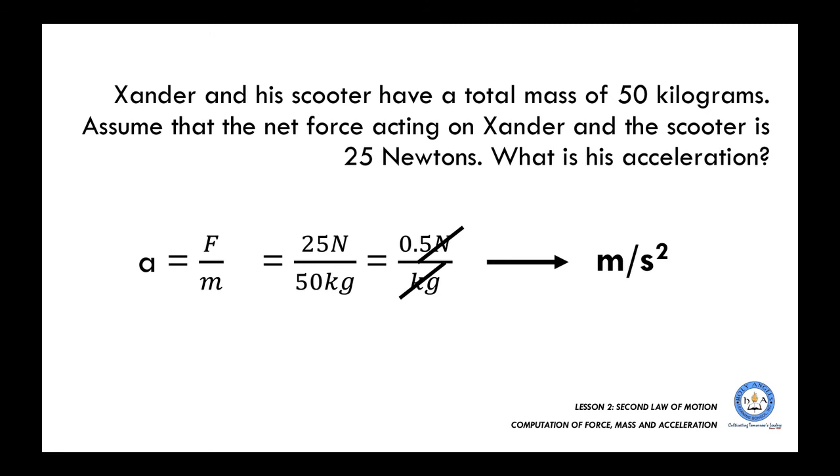Again, sa dulo na ilalagay natin ay meter per second. This way of expressing force can be substituted for newtons in Sander's acceleration, so the answer is expressed in the international unit for acceleration, which is meter per second. So yung nakuha natin, 0.5, would be 0.5 meter per second as our acceleration.